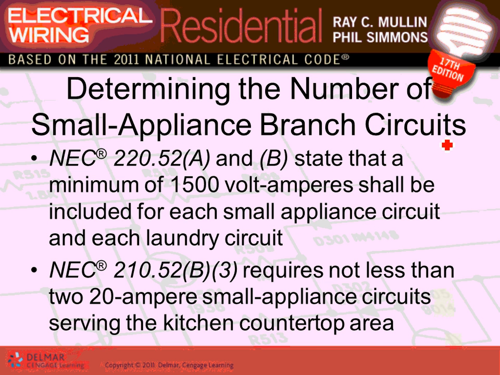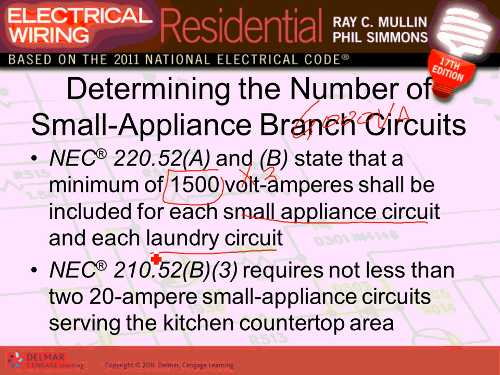Okay, now, Derek, my friend, remember that 6,000 square foot volt-amp calculation we did for your house? Now the code forces you to allocate another 1,500 times 2 for the small appliances circuits as well as a laundry circuit.